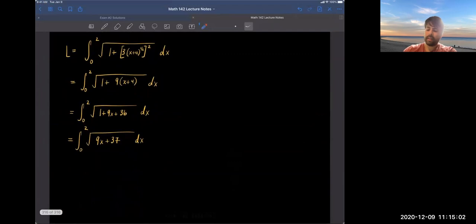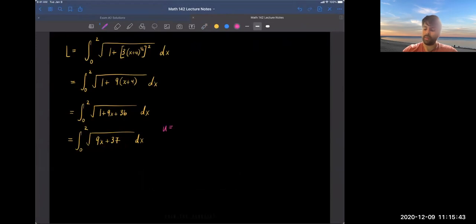Okay, and then how do we evaluate this integral here? It's very similar to the one we did in the first example. For these kinds of problems, whenever we have a linear expression underneath the square root, it's natural to use u substitution.